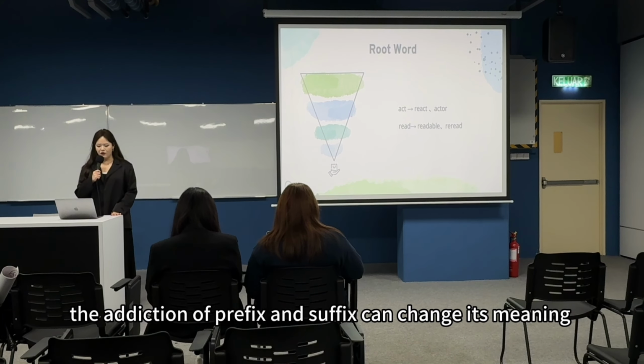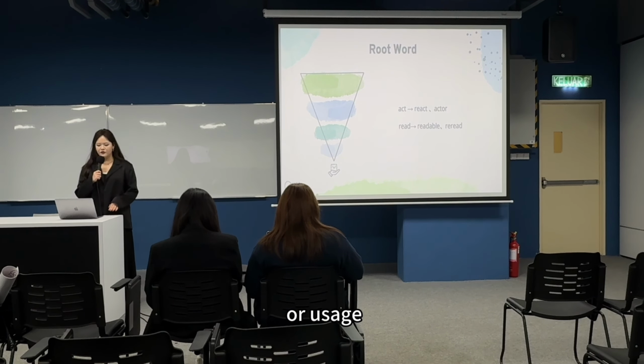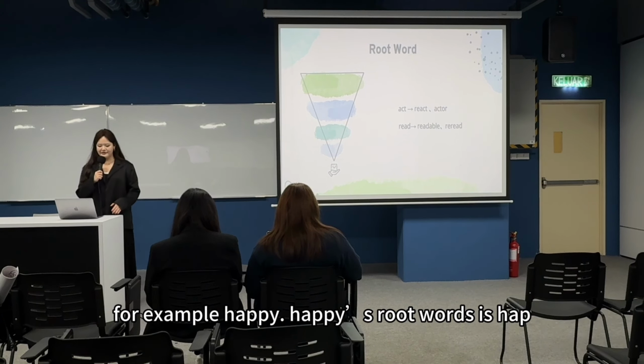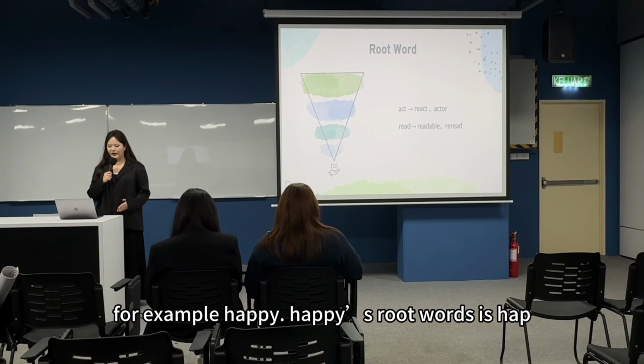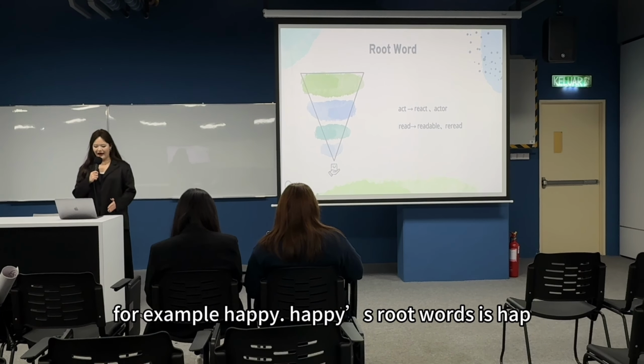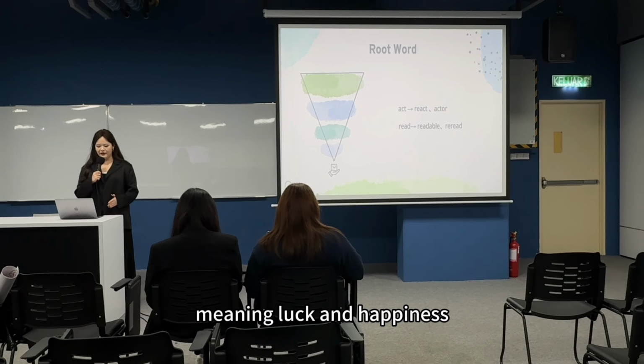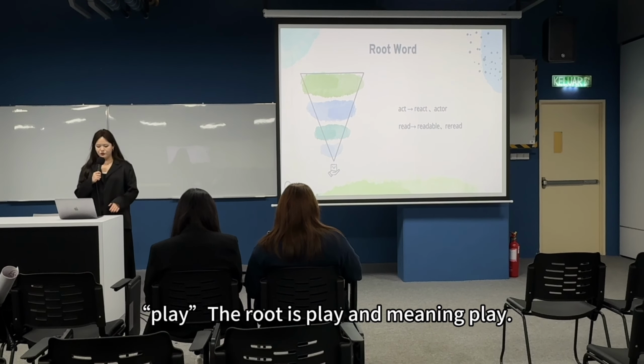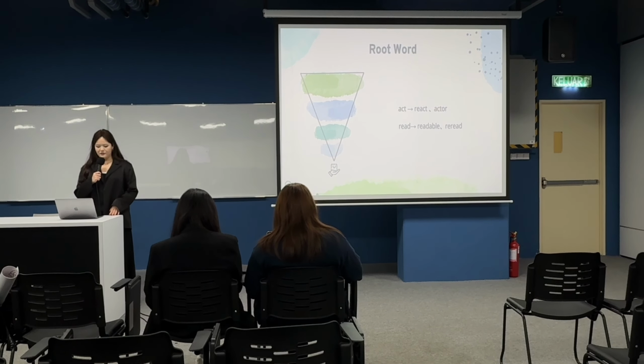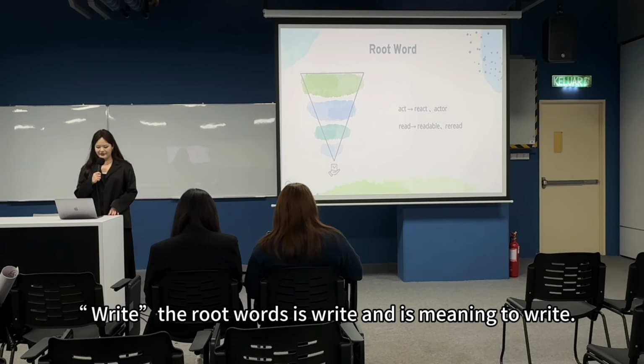The addition of a prefix and suffix can change its meaning or usage. For example, happy. Happy's root word is hap, meaning luck and happiness. Play. The root is play, meaning play. Write. The root word is write, meaning to write.